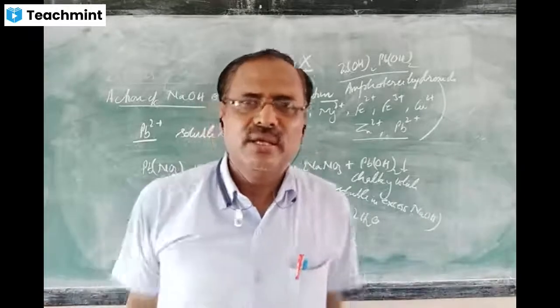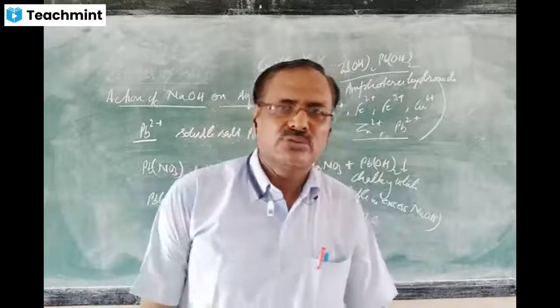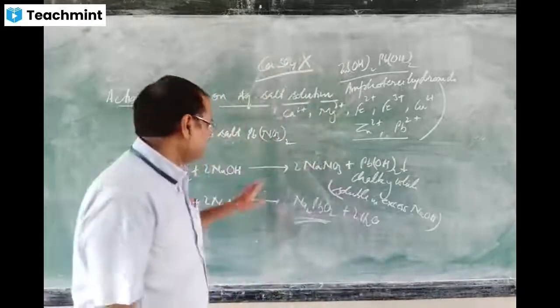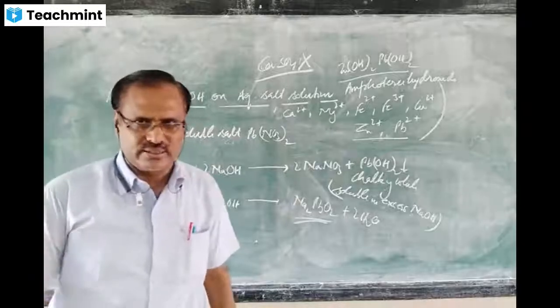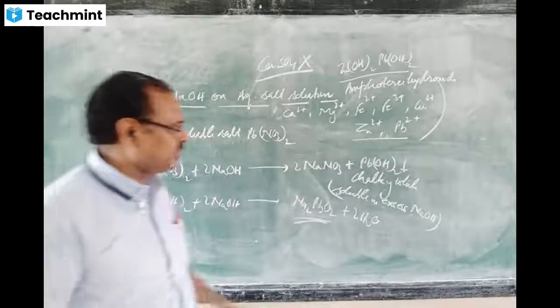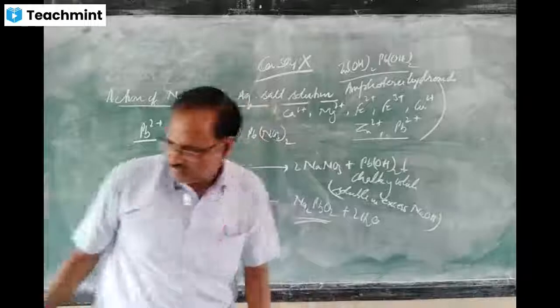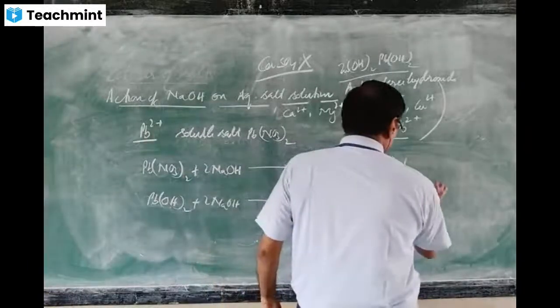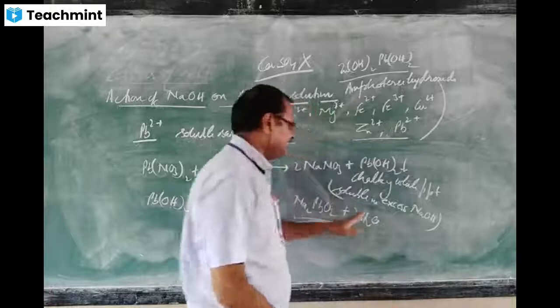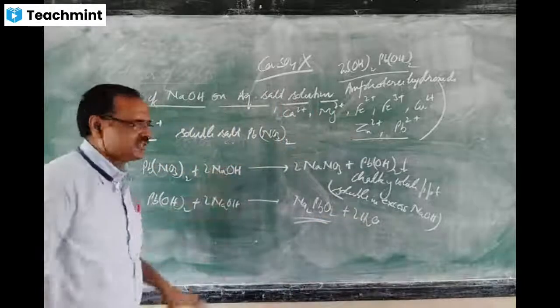For example, what do you observe when sodium hydroxide is added in a small quantity and then in excess to lead nitrate solution? In a small quantity, a chalky white precipitate is formed, and this is soluble in excess sodium hydroxide. So these two equations are there.